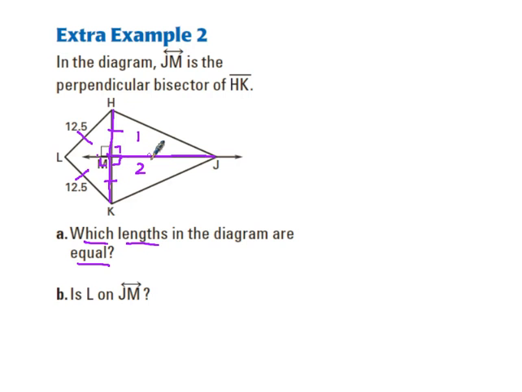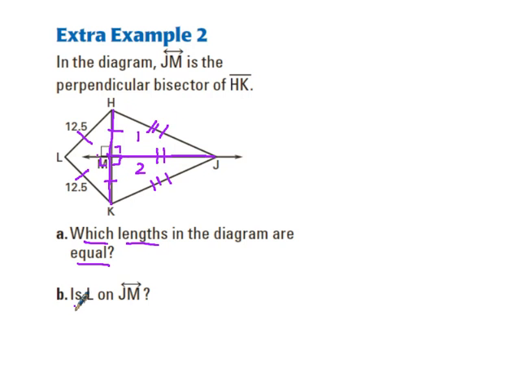Also, we have line segment MJ congruent to itself by reflexive, so we have triangle HMJ congruent to triangle MJK, which makes corresponding parts, these sides of the triangle, also congruent.